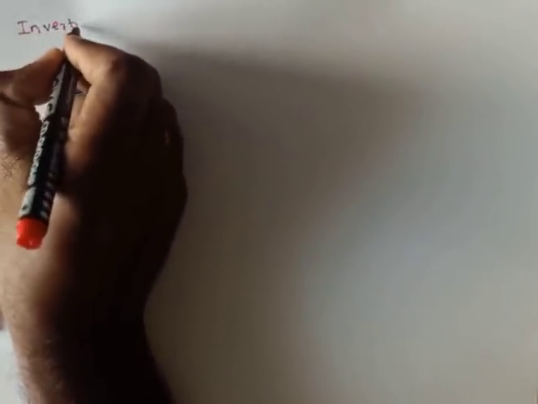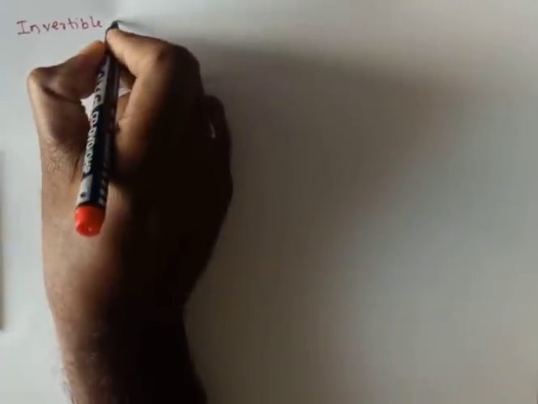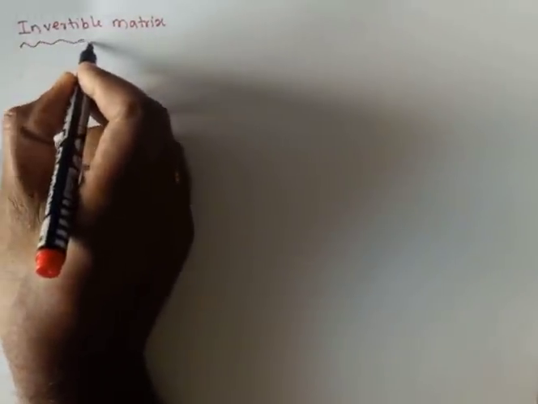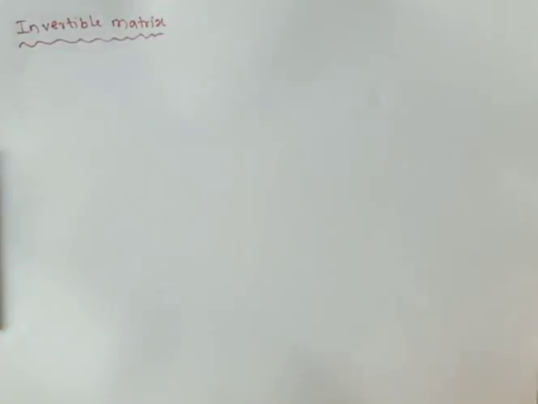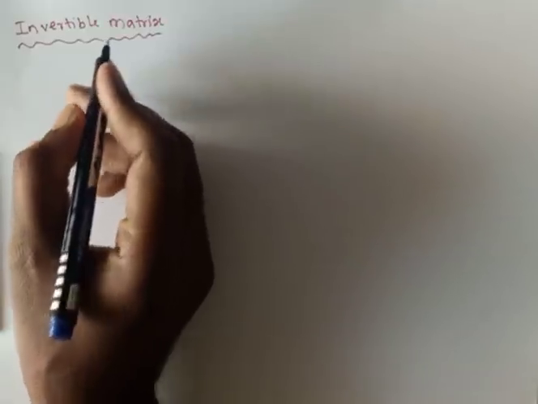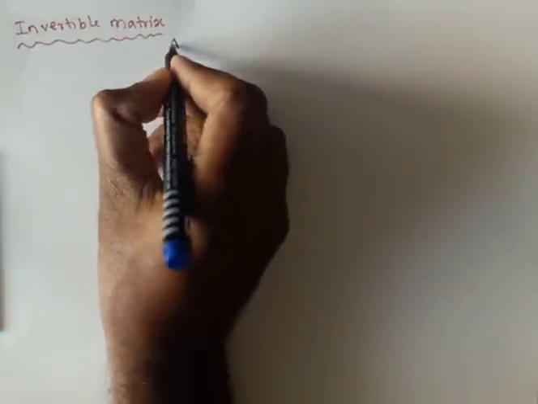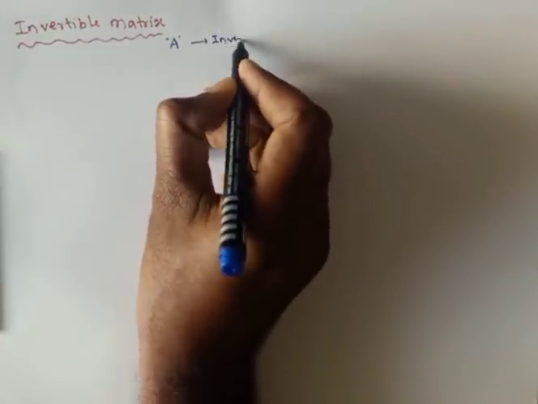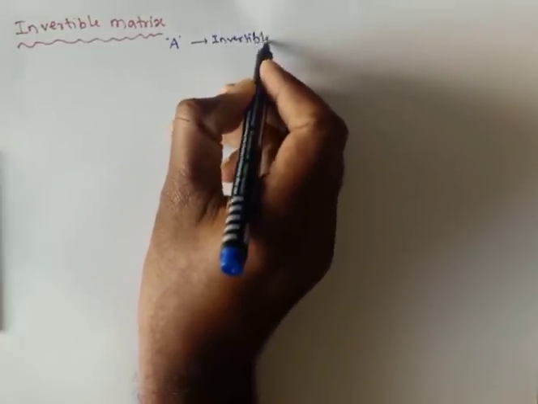Next, the invertible matrix. Let us consider a square matrix A that is said to be an invertible matrix.